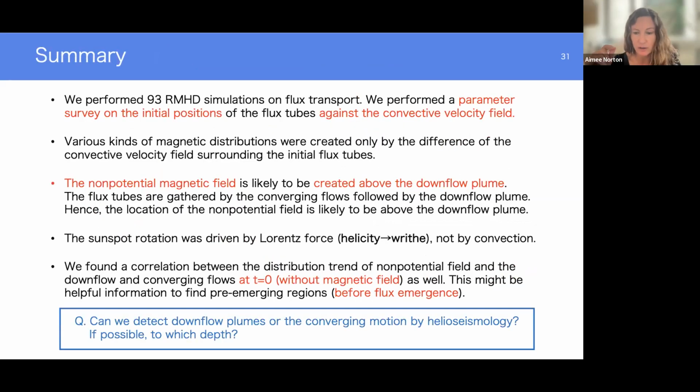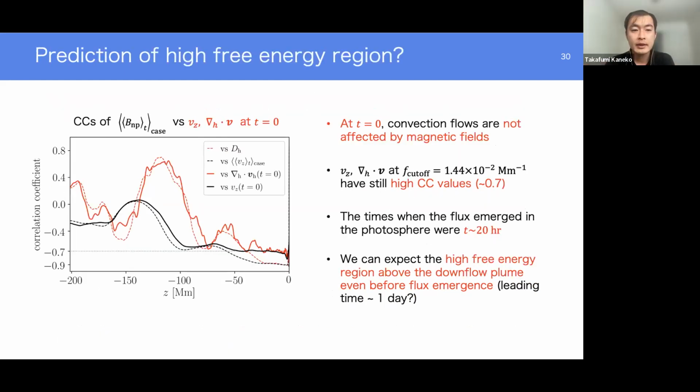Can you remind us at what depth you introduced the flux in your domain? Basically 20 megameters to 30 megameters. Okay. And do you vary that depth for your different scenarios?